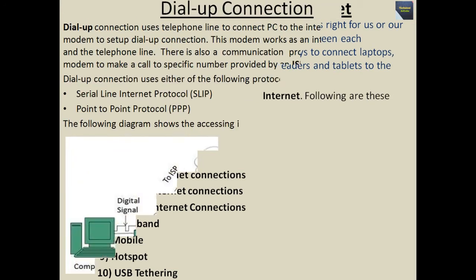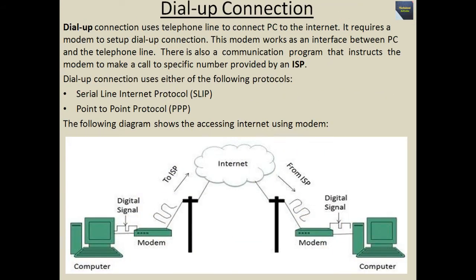Okay, so at first I discuss dial-up connection. Dial-up connection uses telephone line to connect PC to the internet. It requires a modem to set up dial-up connection. This modem works as an interface between PC and the telephone line.